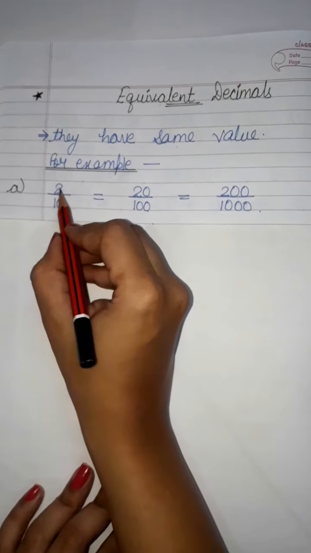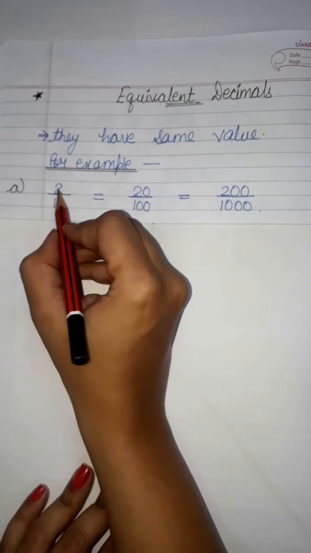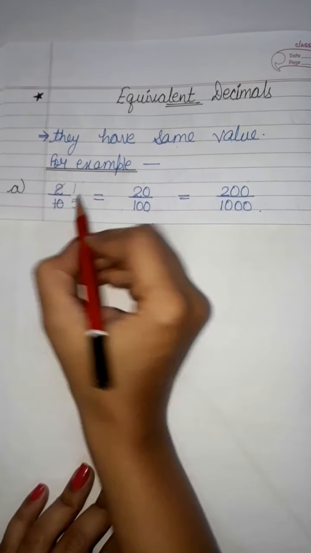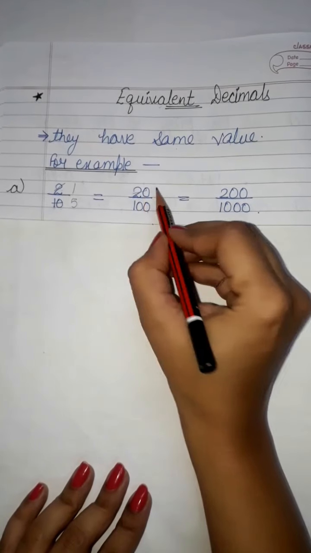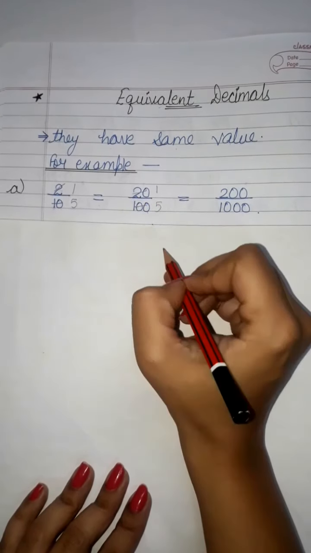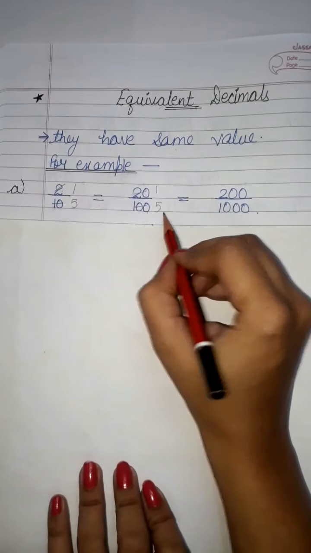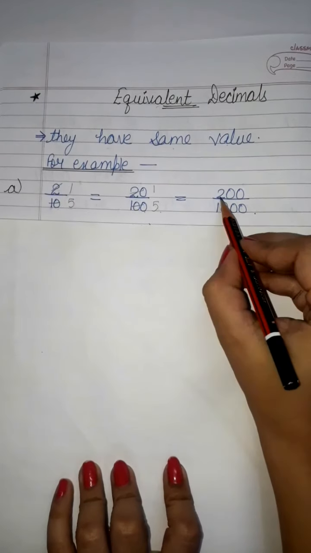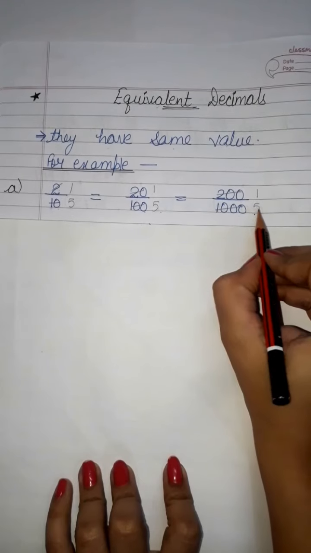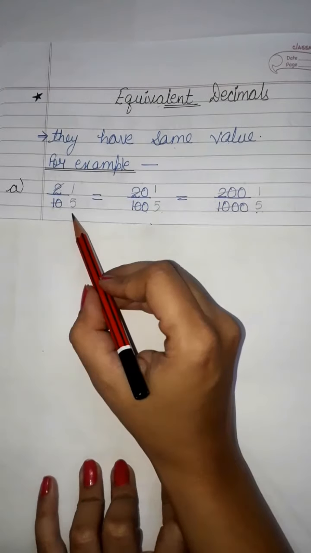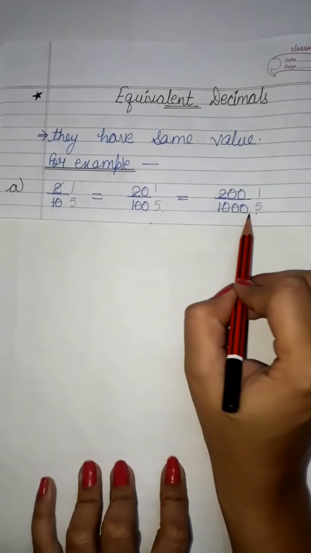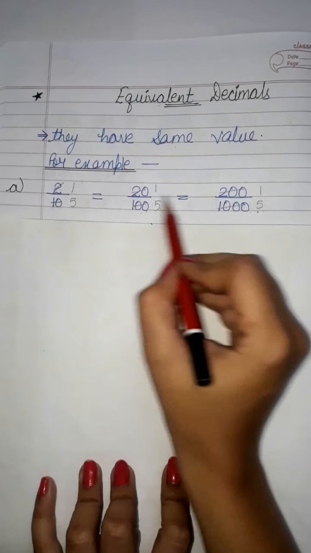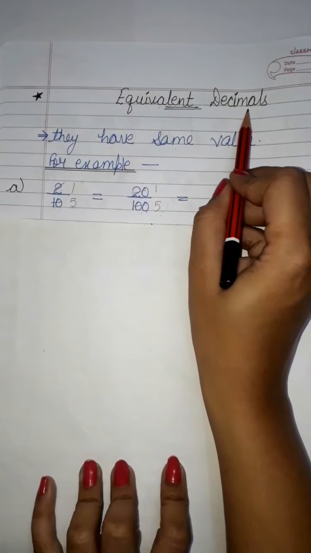Children see, if I simplify 2/10, 2 ones are and 2 fives are, what do I get? 1/5. If I simplify 20/100, 20 ones are and 20 fives are, again I get 1/5. And if I simplify 200/1000, 200 ones are and 200 fives are. That means after simplifying, I am getting 1/5 in all these 3 fractions. So these all are equivalent decimals.